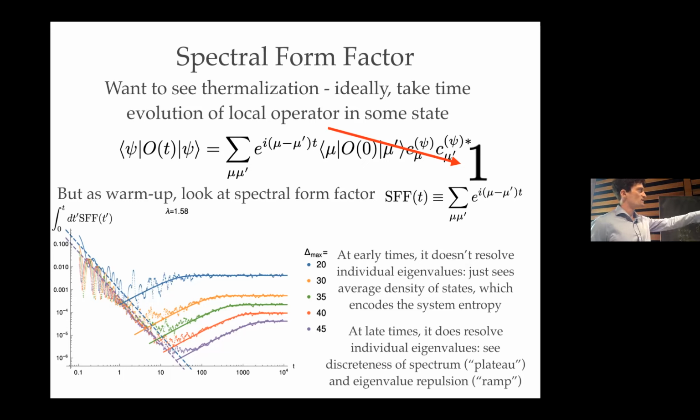And at late times, I've plotted the prediction from random matrix theory, which is that due to eigenvalue repulsion, there's sort of this linear growth. And then due to the discreteness of the spectrum, there's sort of a flat plateau at the end. All right, so this one plot kind of has both the density of states that we looked at earlier and also the eigenvalue repulsion and random matrix theory combined on one curve.